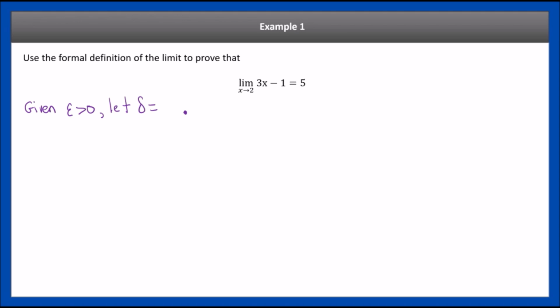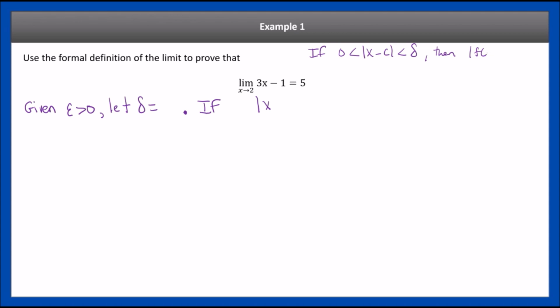For the next sentence, we're going to say that if the distance from x to c, let me put this off to the side, what we want to show is that if this is delta, then that.